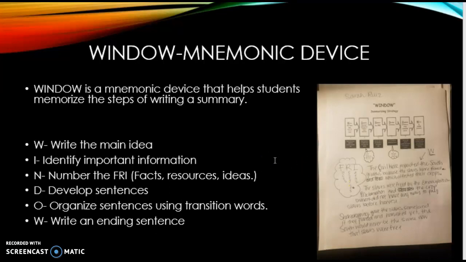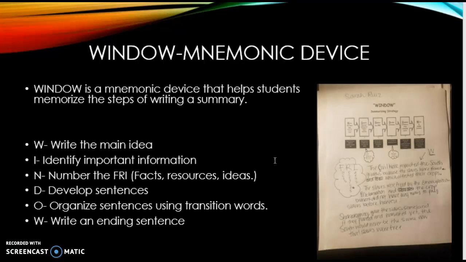Identify important information. Now for the identify important information, this would be actually using your book or whatever resources the student has. It states that they should identify important information by circling the information using a highlighter, or if it's in a book that they cannot write in, you could have them put sticky notes or something to make the important information stand out.